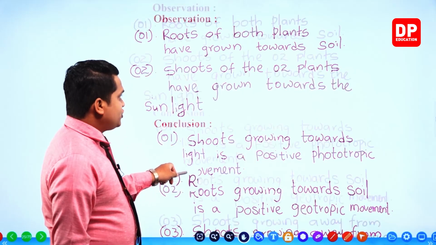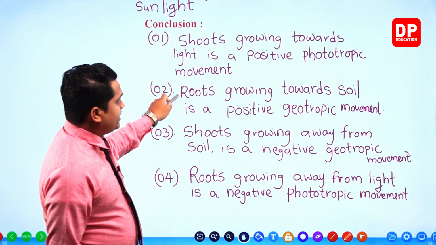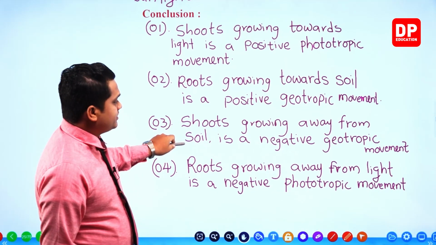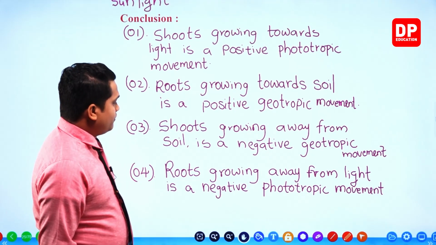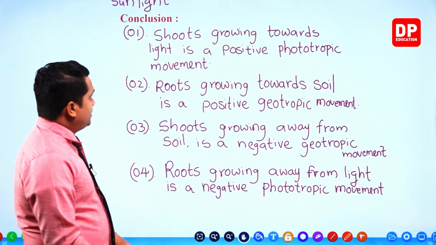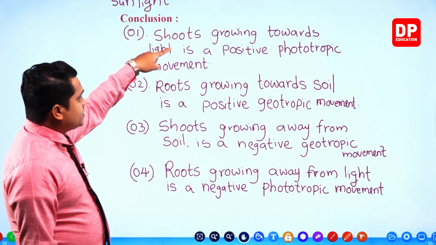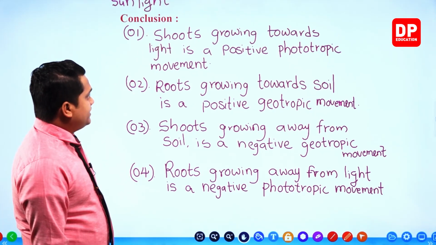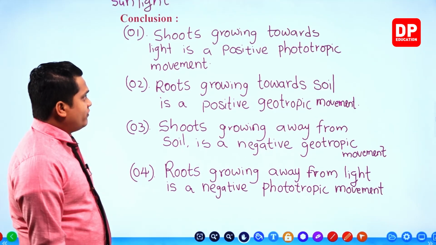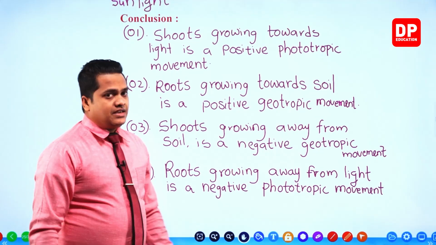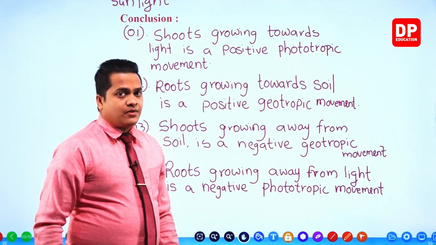Okay, those are the 2 observations that we took. Then, based on those 2 observations, we can get 4 different conclusions. Number 1, shoots growing towards light is a positive phototrophic movement. So if a certain thing is growing towards, then it is a positive one.